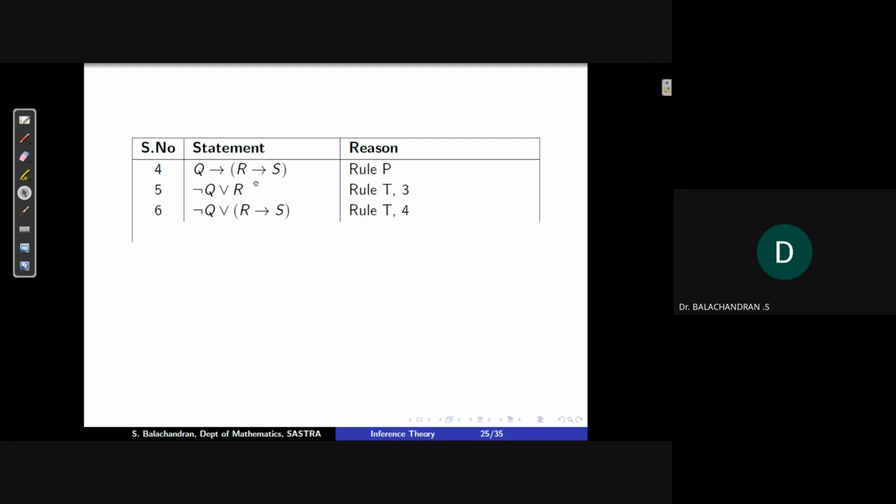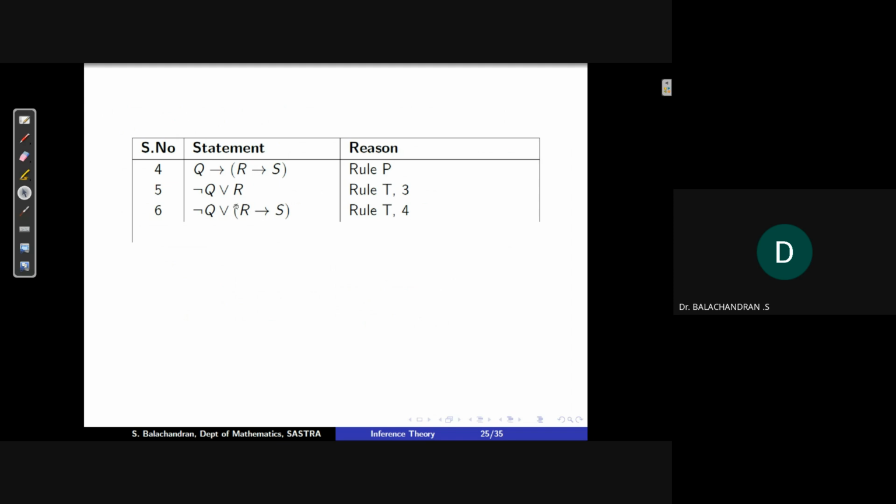What is 4? 4 is Q implies (R implies S). Again, P implies Q means negation P or Q, the same idea. From 4, I am getting 6: negation Q or (R implies S).